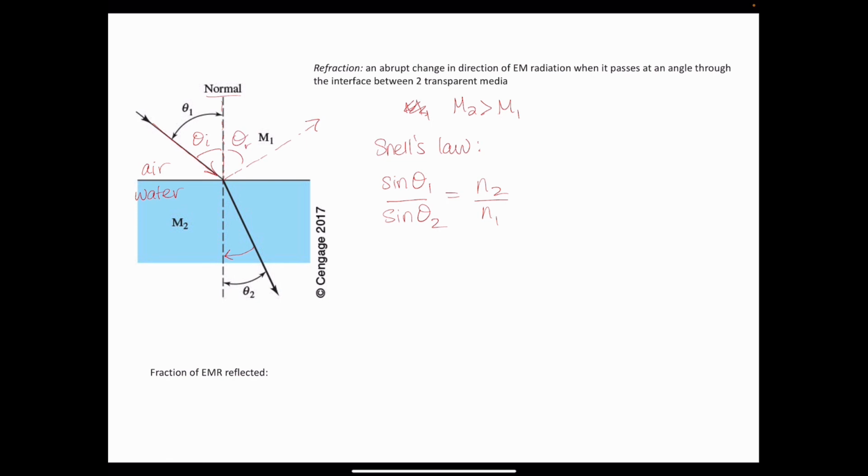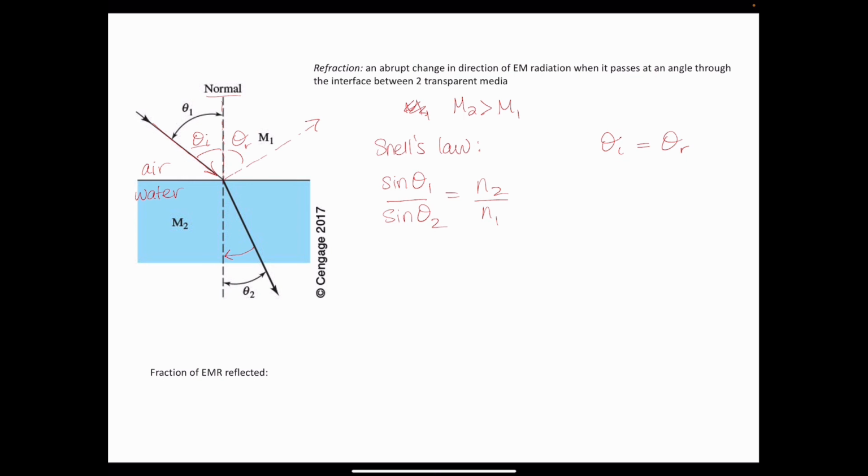Or you could say that theta I is equal to theta R. And this is always true. The reflected angle is always equal to the incident angle. Now, some of the light is transmitted, some is refracted, and the proportion of each depends on the refractive indices of the two media as well as the incident angle.